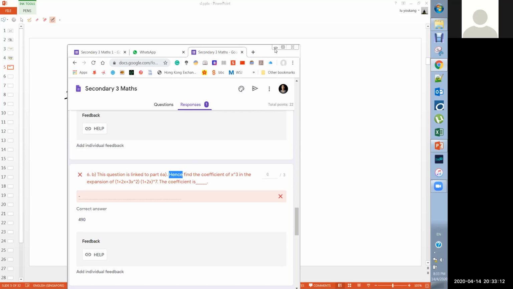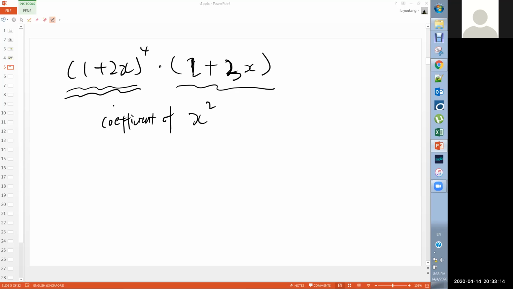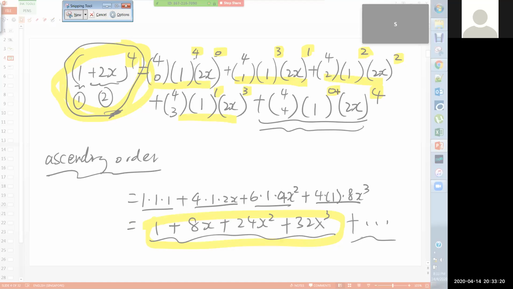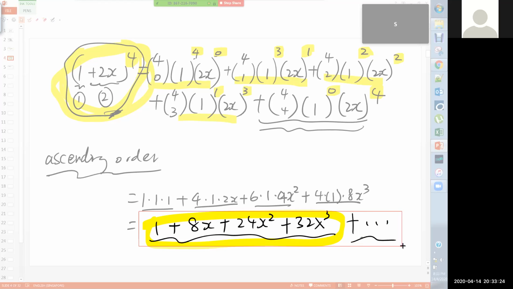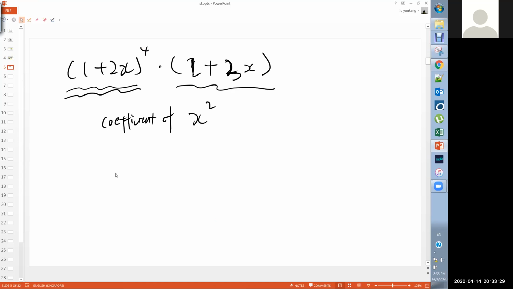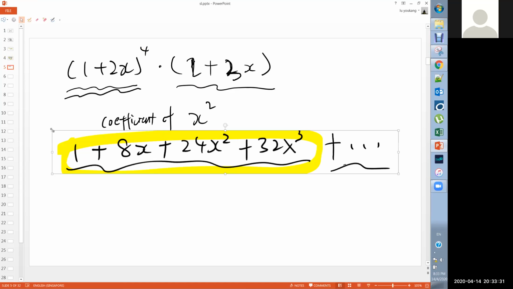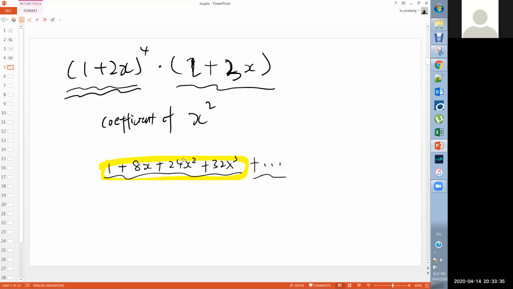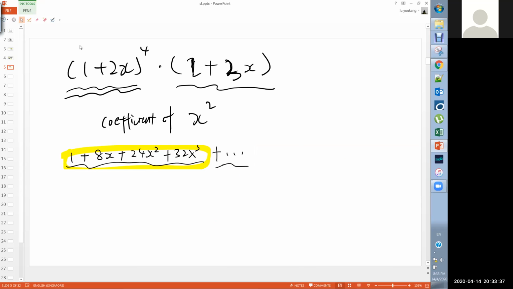Okay, so now let me use the previous first 4 terms. By the way, I'm talking about binomial expansion. Don't think I'm not talking about binomial expansion. Okay, let me get it to this slide. Okay, good enough. So the first 4 terms are this.